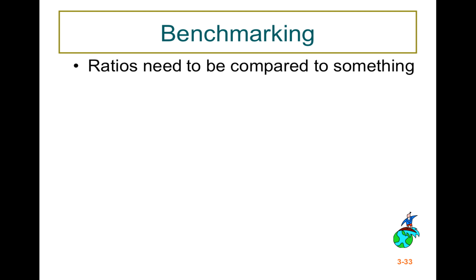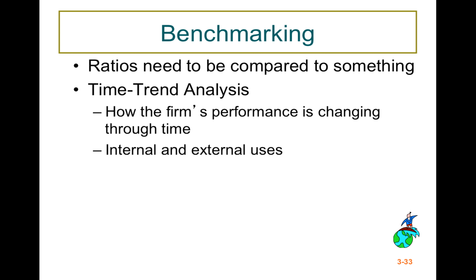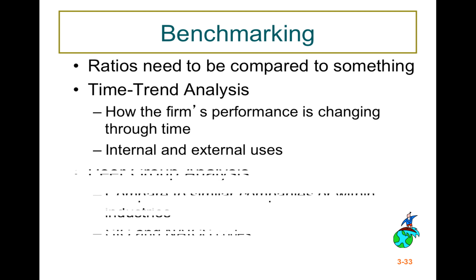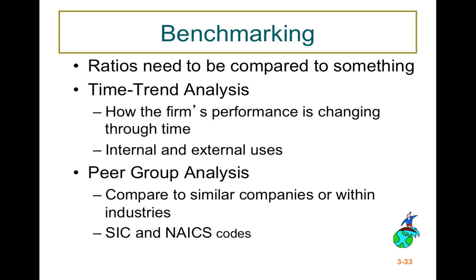Ratios are good for allowing us to compare our organization to someone else. It also allows us to look over time and see if we're improving in certain areas or worsening. So there's both internal and external uses. As far as peer groups go, you should try to compare to similar companies within industries.